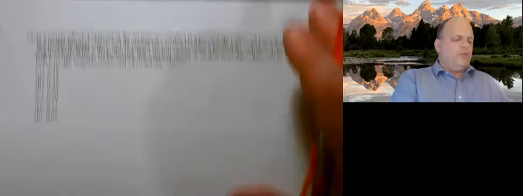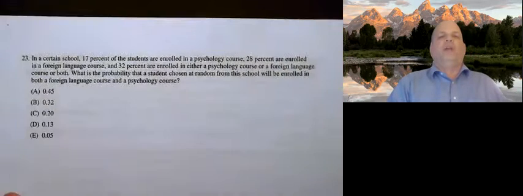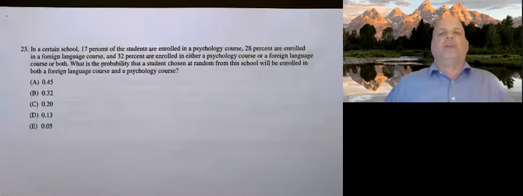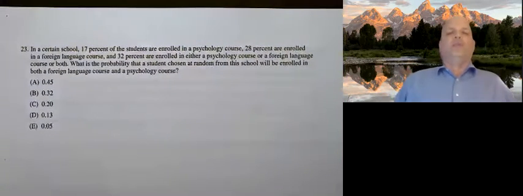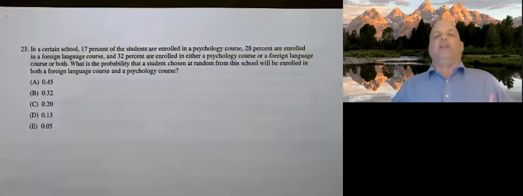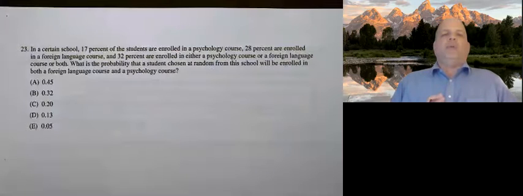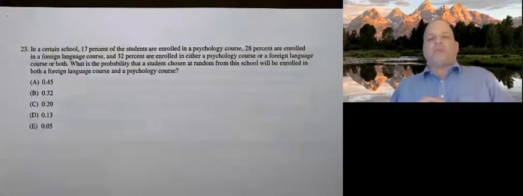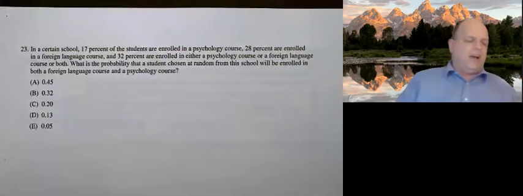In a certain school, 17% of the students are enrolled in a psychology course, 28% are enrolled in a foreign language course, and 32% are enrolled in either a psychology course or a foreign language course or both. What is the probability a student chosen at random from this school will be enrolled in both a foreign language and a psychology course?